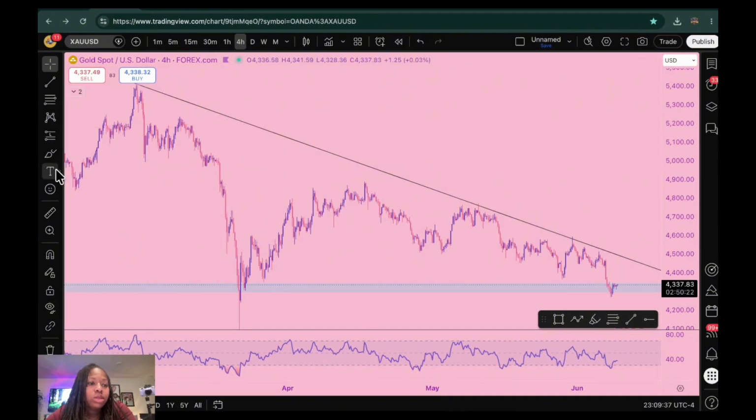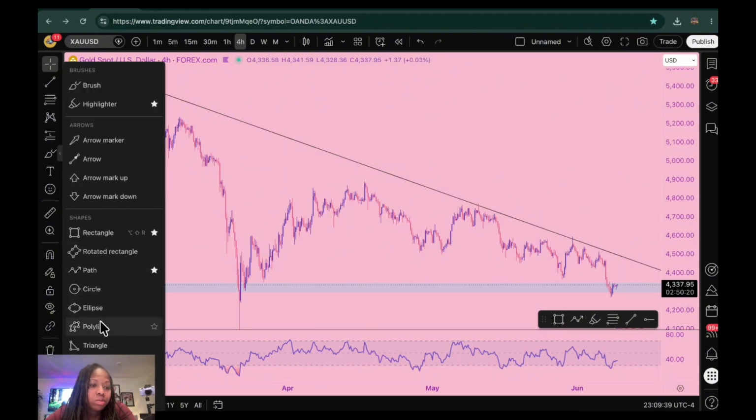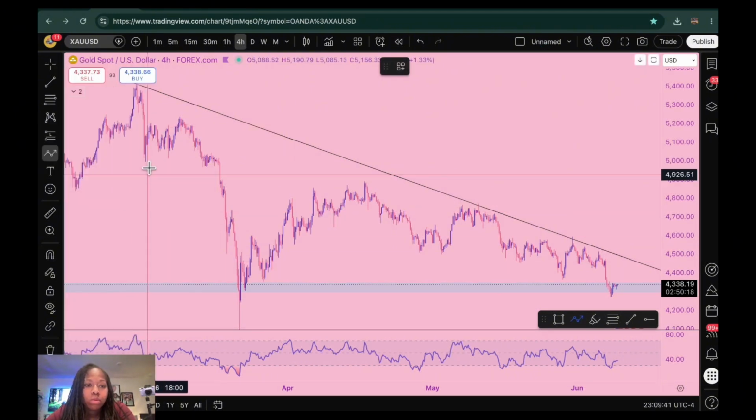You can see that we're in a downtrend here.